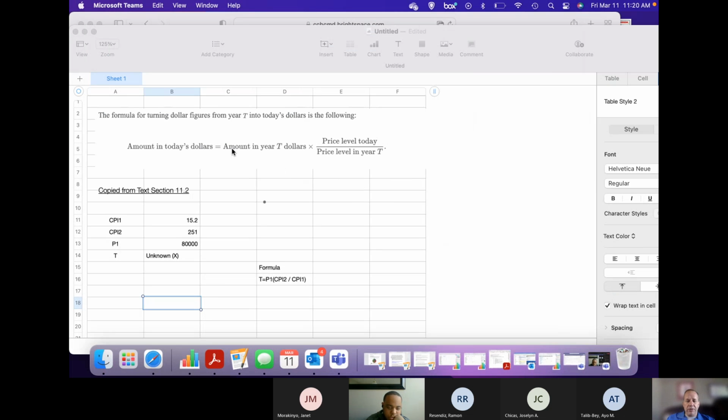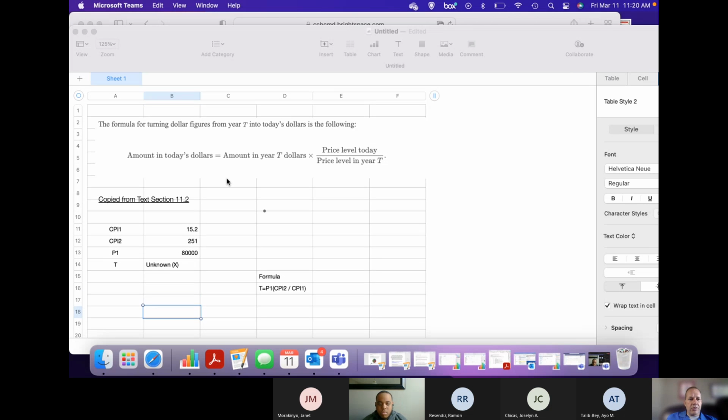All right, so what I've done is I have copied and pasted this little excerpt from section 11.2 from your textbook. This is a formula for calculating the present value of something, or the past value of something, given CPI measures for the respective time periods.